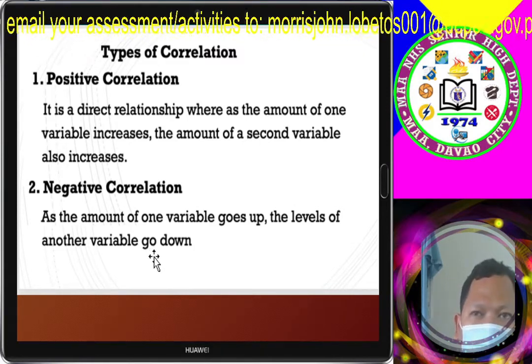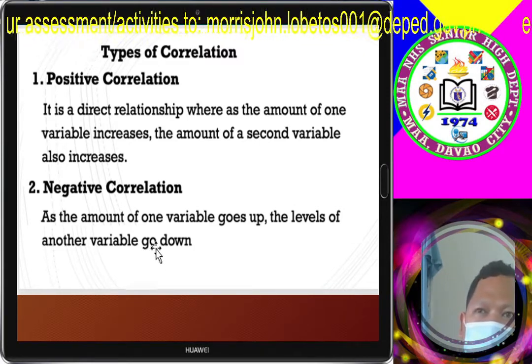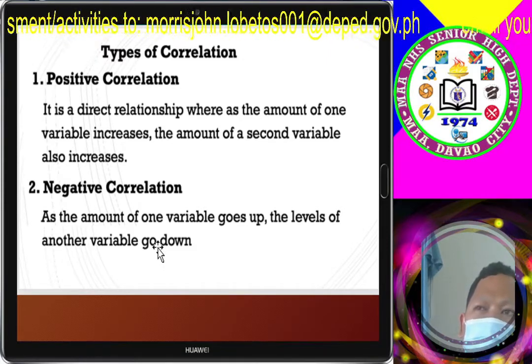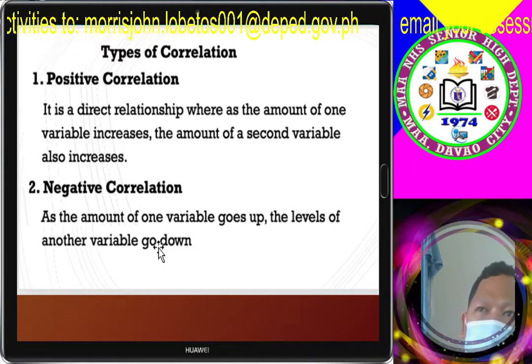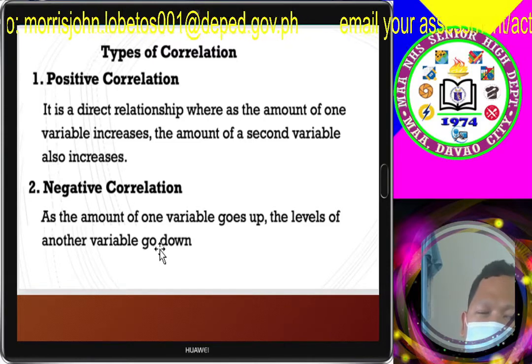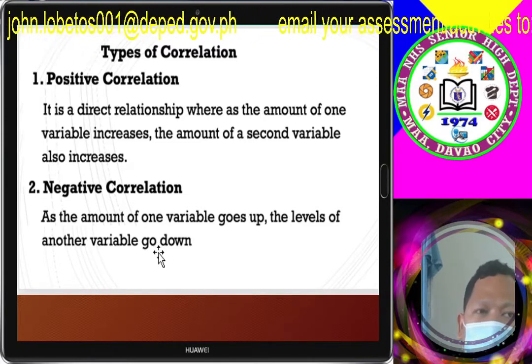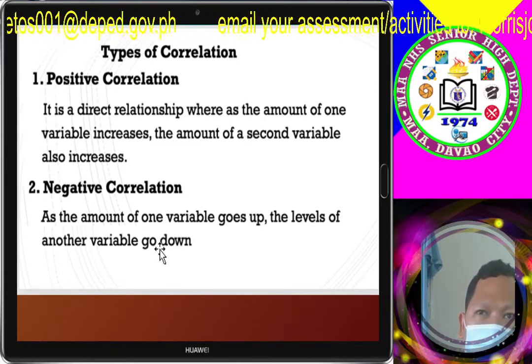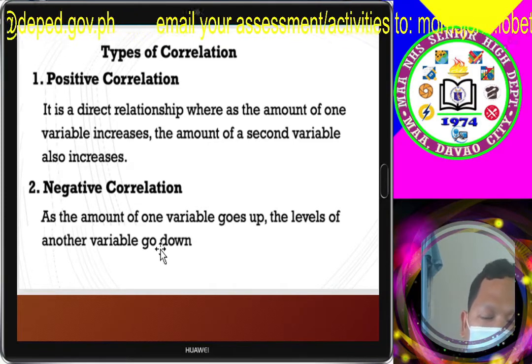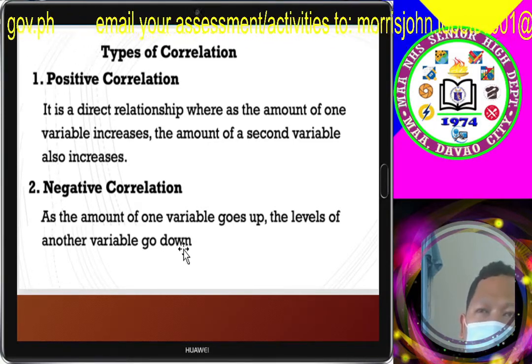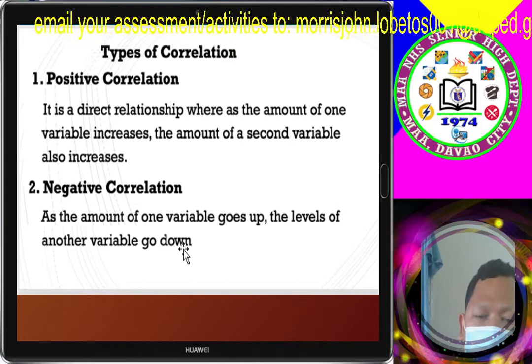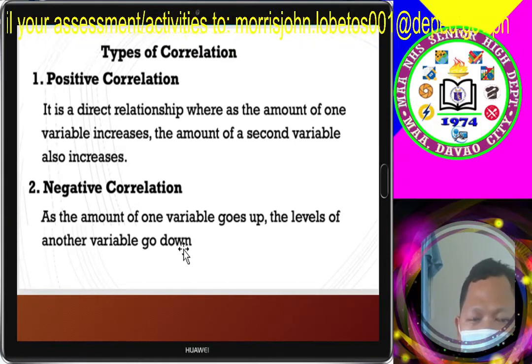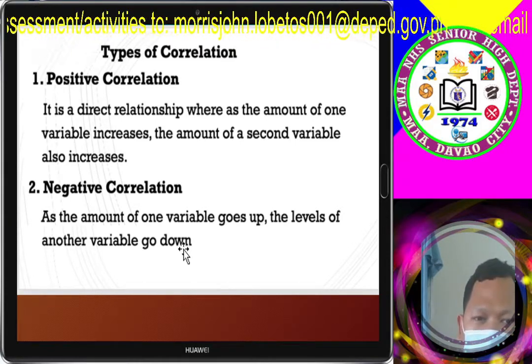So if you get a negative correlation, it means that if one variable increases, the other decreases. For example, if your variables are the distance traveled and the amount of gasoline in a car, the more you travel, the lesser your gasoline. That is an example of negative correlation.